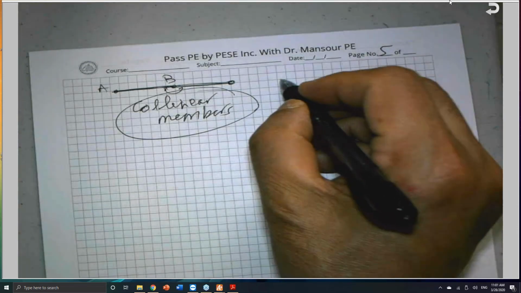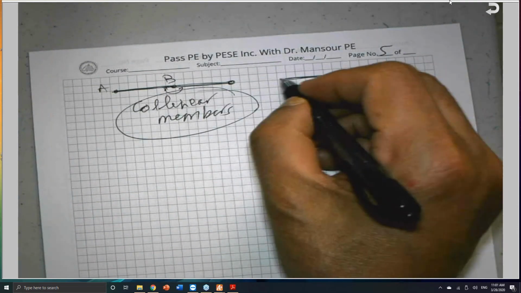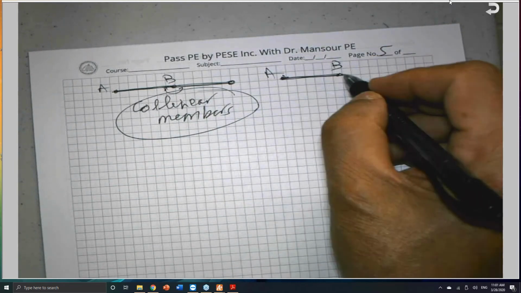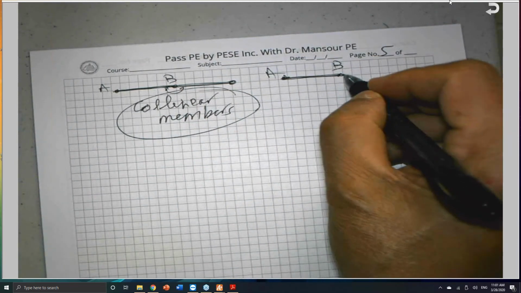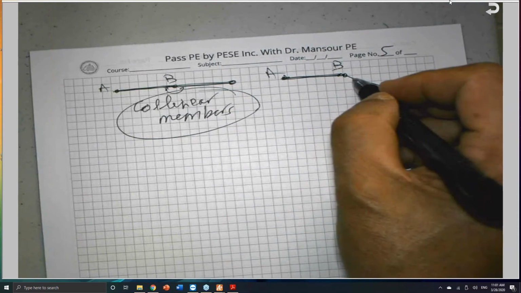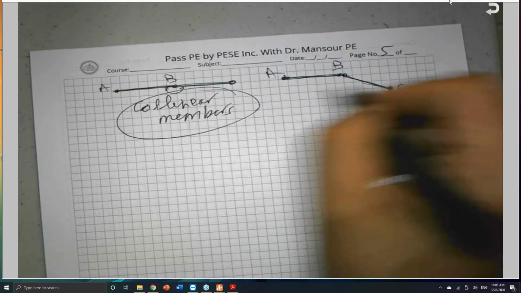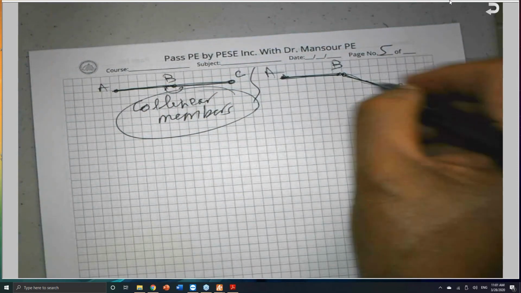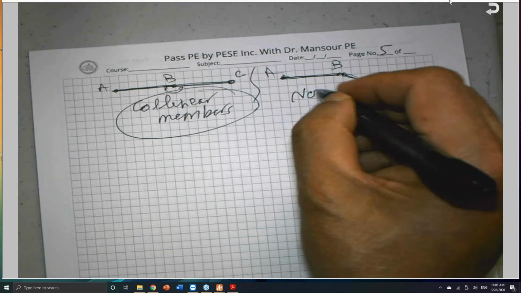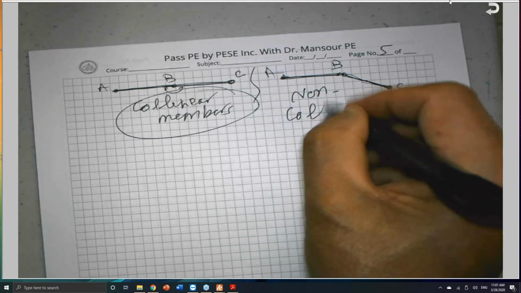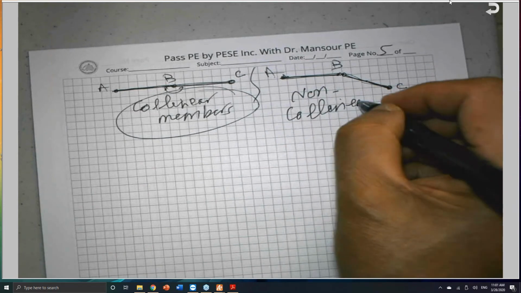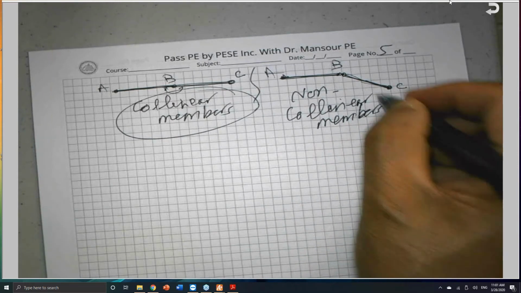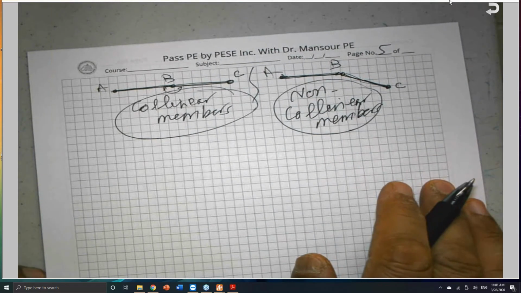But if you do have a member AB and a slight angle like this, whatever the angle is, BC, these are non-collinear members.